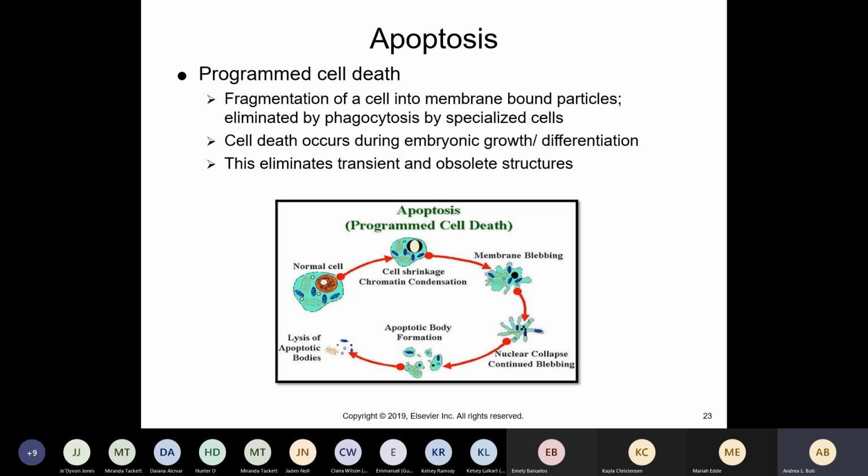You're going to be a skin cell, a liver cell, a nerve cell, and cells are constantly replicating and reproducing and changing. So this eliminates transient and obsolete structures. So our body's always kind of recycling those. And apoptosis is that programmed cell death that happens with those cells that regenerate themselves.